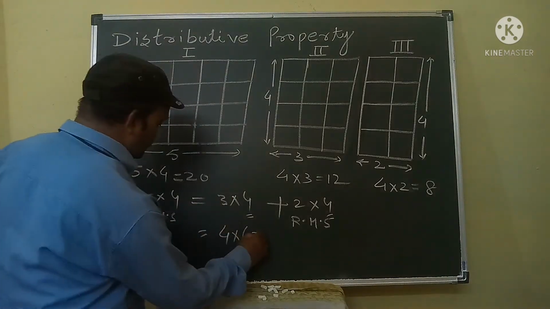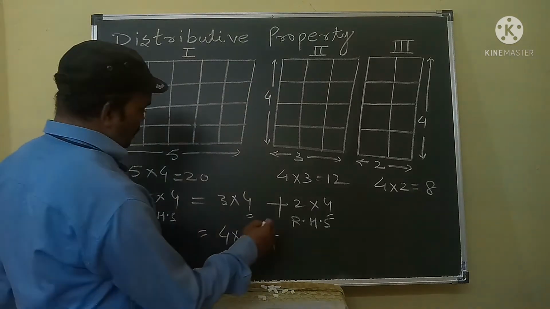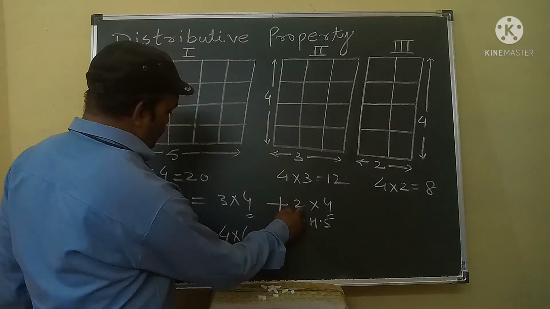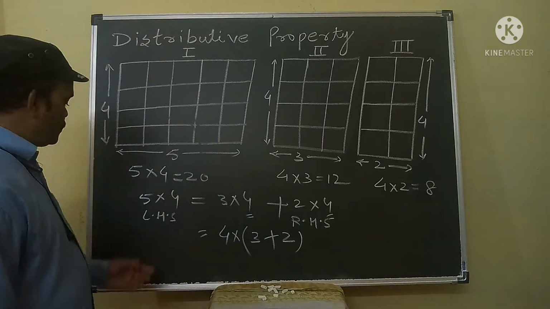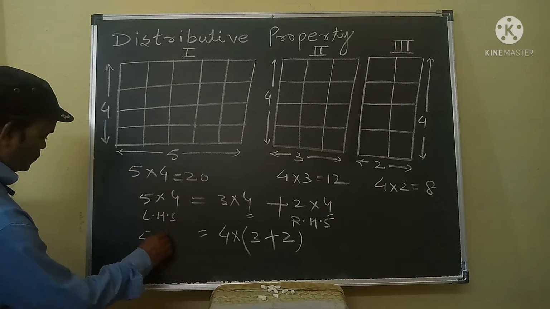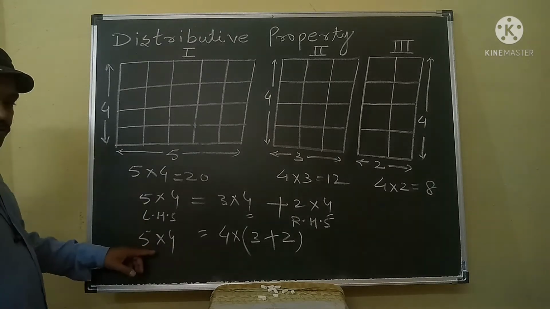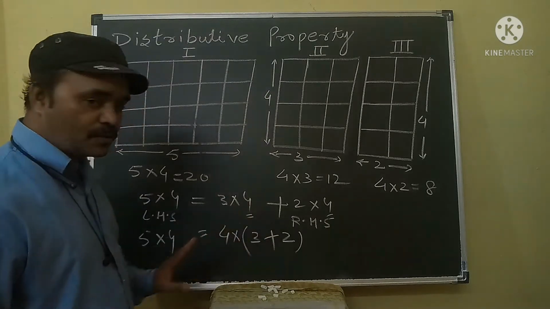That is 3 plus, then which number is remaining in this? That is 2. So 5 into 4, you can write 4 into 3 plus 2.